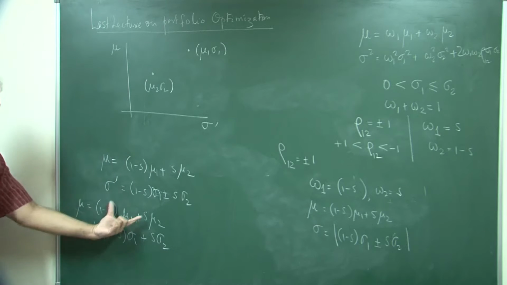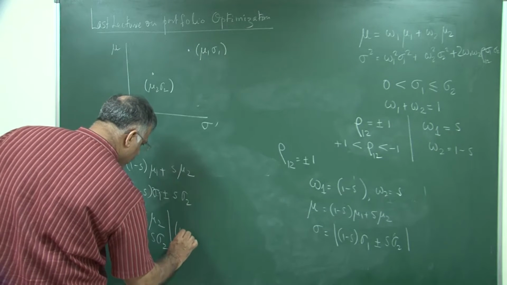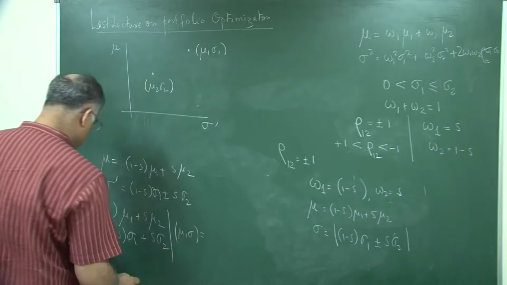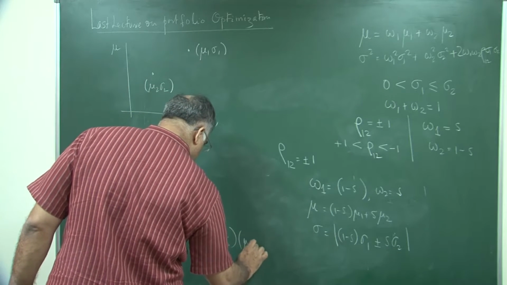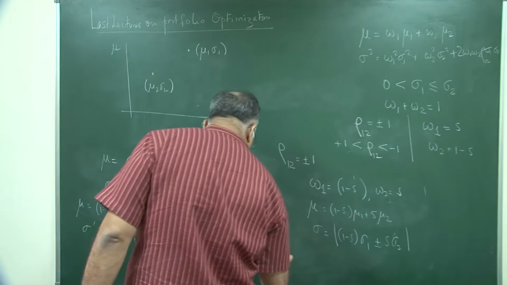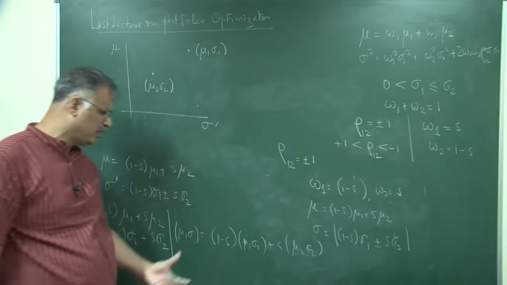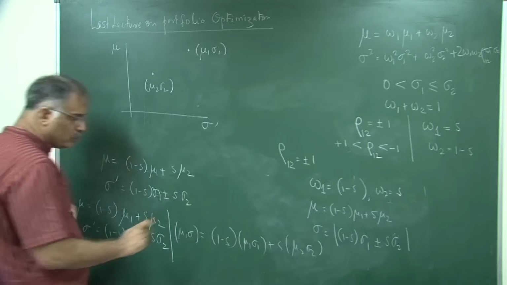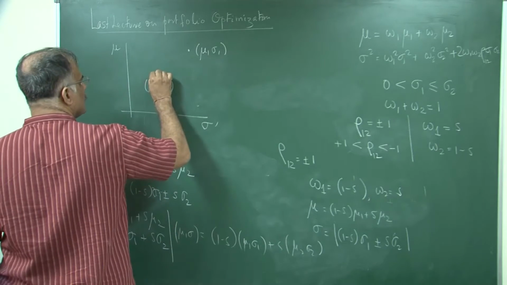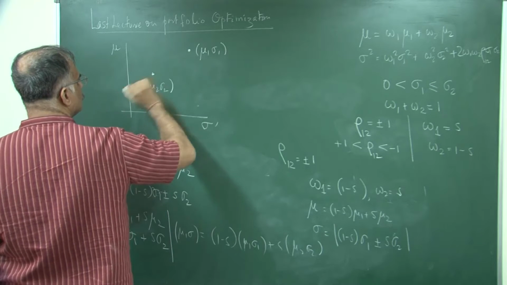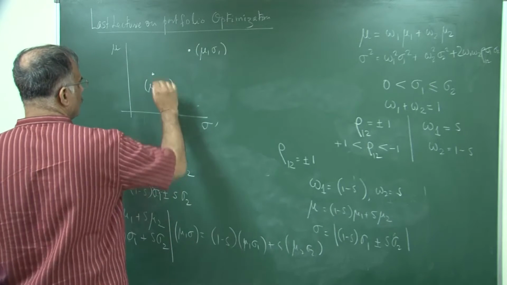what does this represent actually? What is mu sigma? If you look at it very carefully, mu sigma is nothing but 1 minus S mu 1 sigma 1 plus S mu 2 sigma 2. So, it is the line segment, or a line, passing through mu 1 sigma 1 and mu 2 sigma 2. Basically this is showing 2 different assets with their risk and return.